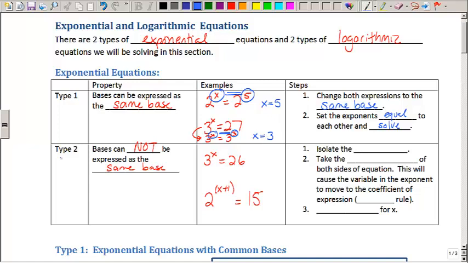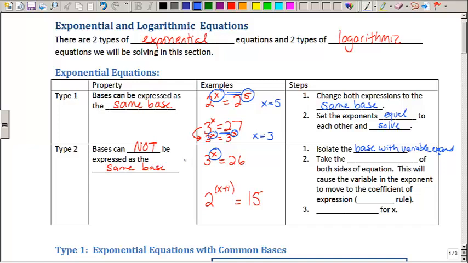On type 2, where the bases cannot be expressed as the same base, we need to isolate the base with the variable exponent. Because the variable is in the exponent on the base of 3, we need 3 to the x to be isolated.